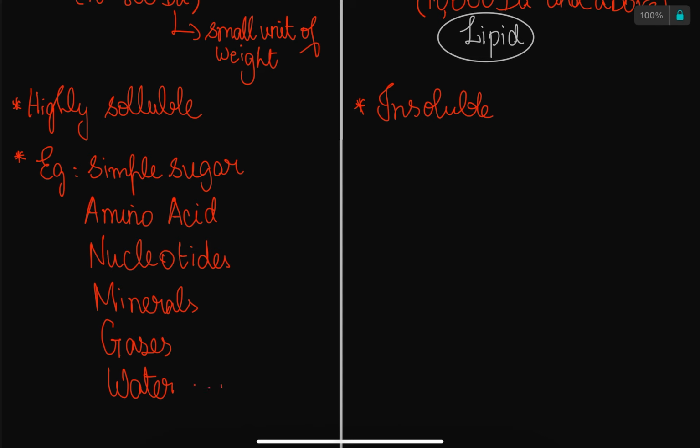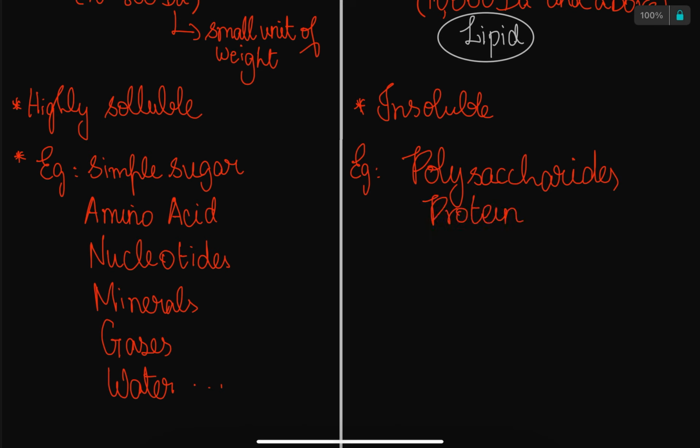And in the acid insoluble pool, the examples are polysaccharides, proteins, nucleic acids, lipids, and so on.